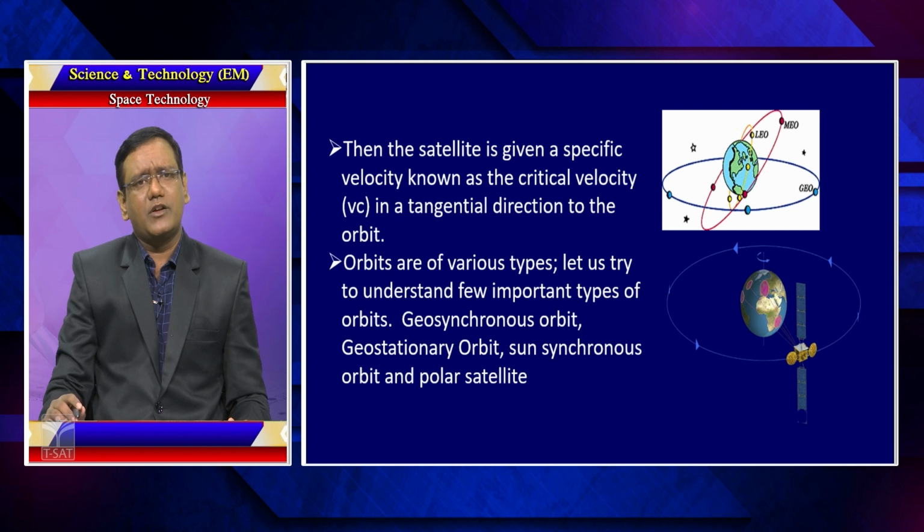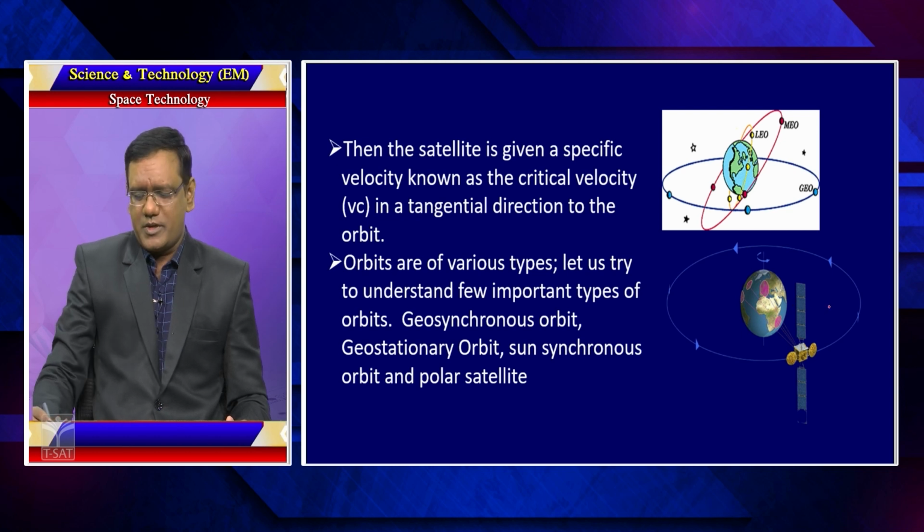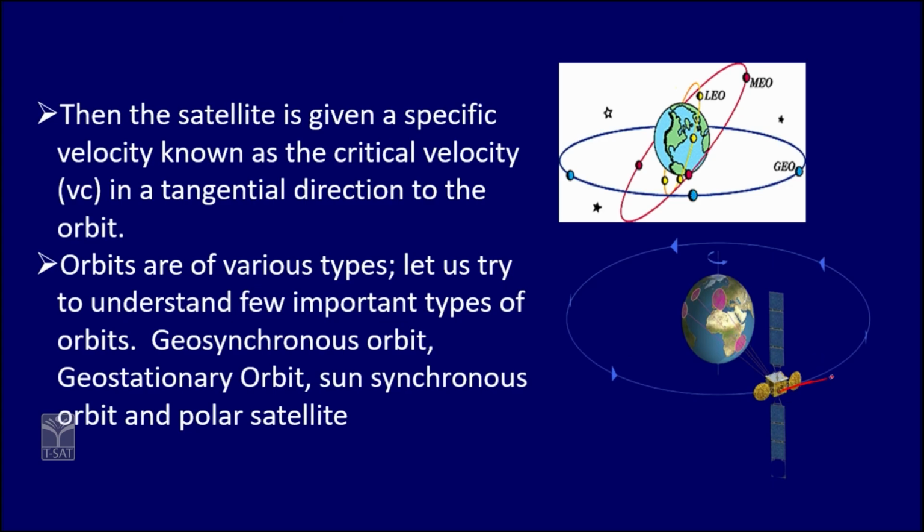If it wants to move around the Earth, then the satellite should be given a specific velocity in a tangential direction to the orbit, and that velocity is known as the critical velocity. Critical velocity is the velocity required to keep the satellite in that particular orbit. So orbits are of various types.